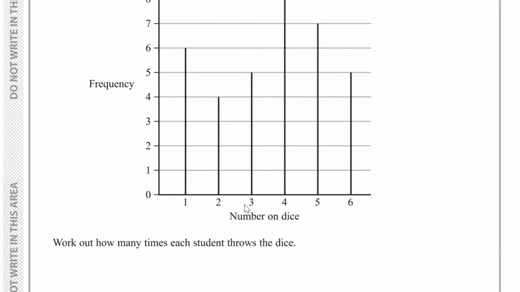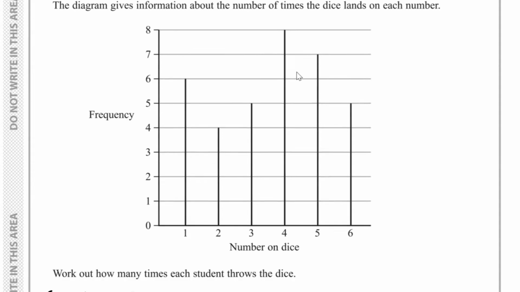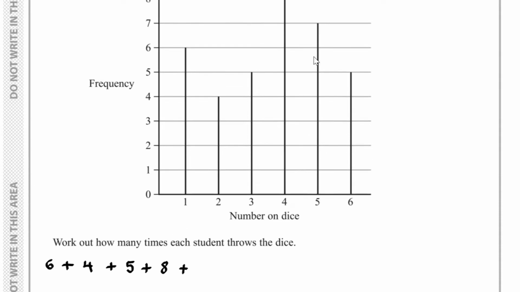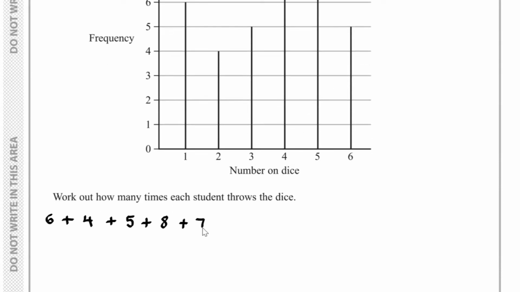Well, they throw on a number 1 6 times, on the number 2 4 times, on the number 3 5 times, on the number 4 8 times, on the number 5 7 times, and on the number 6 5 times.